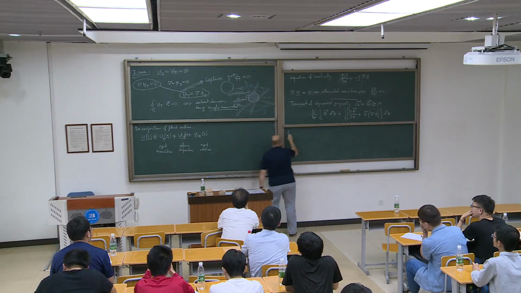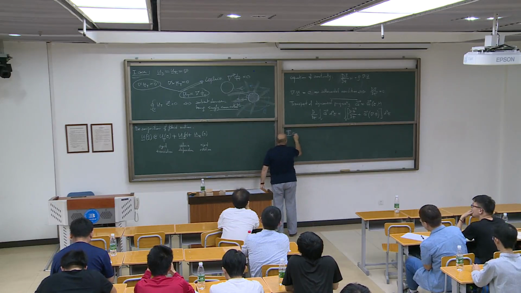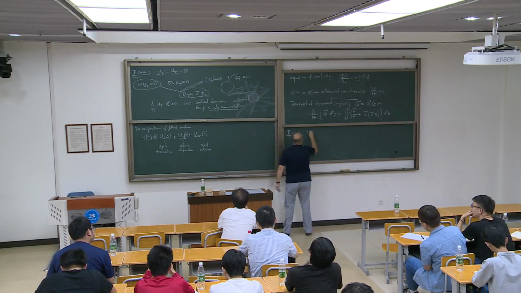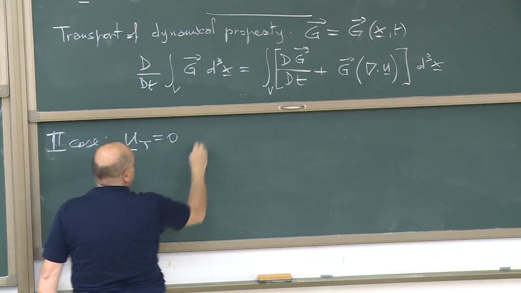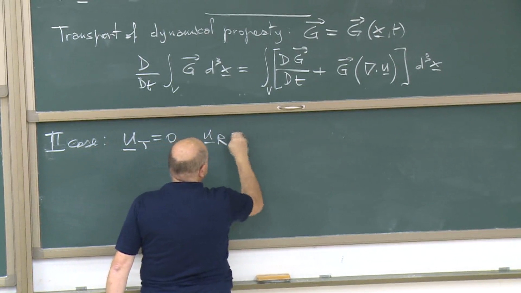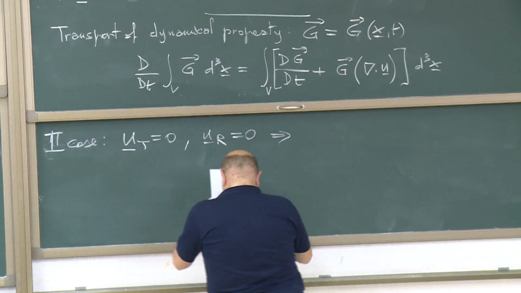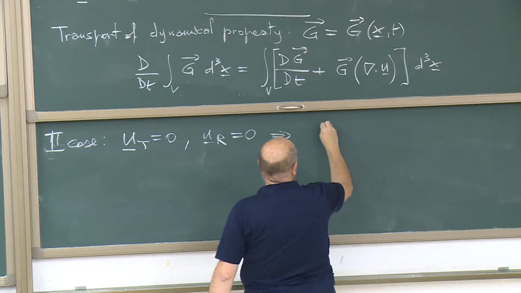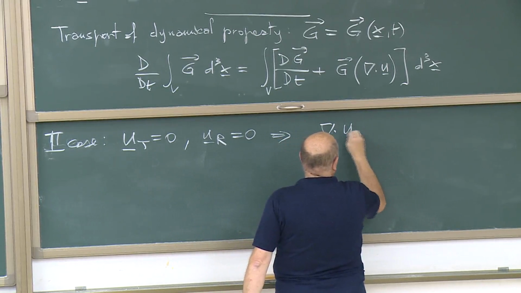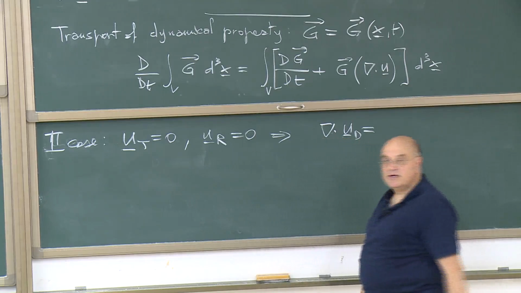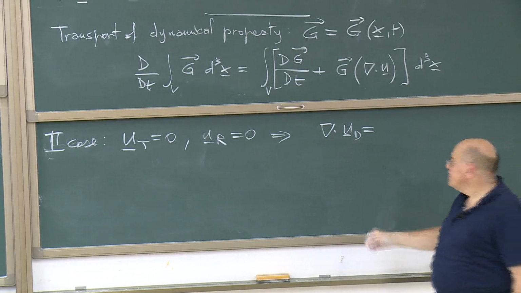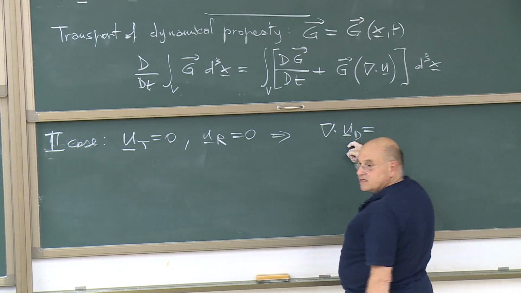We are in the second case now. Second case. In this case, we put UT equals 0 and UR equals 0. And then what do we have? We have div UD different from 0. We have divergence. We have divergence of this field.